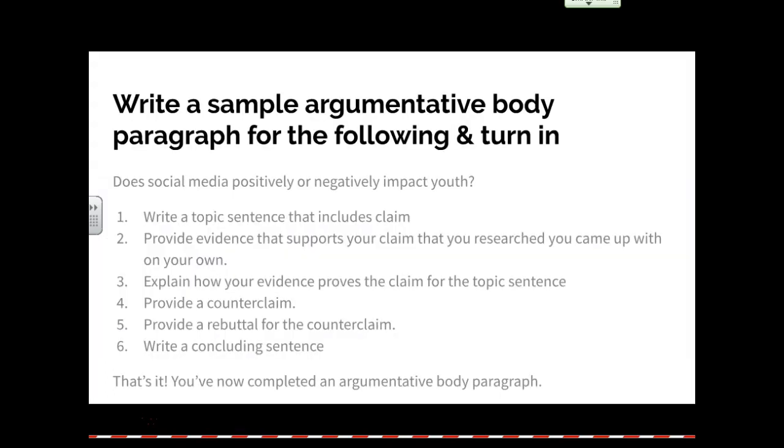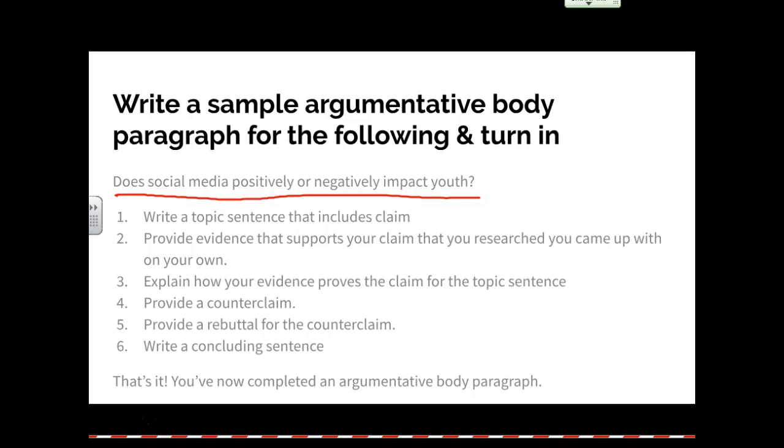So, you guys are going to write an argumentative body paragraph. Just a body paragraph. It's the last thing we're doing today. So, this is the topic right here: does social media positively or negatively impact youth? If you go either way, I don't care what your opinion is. You just have to support it.